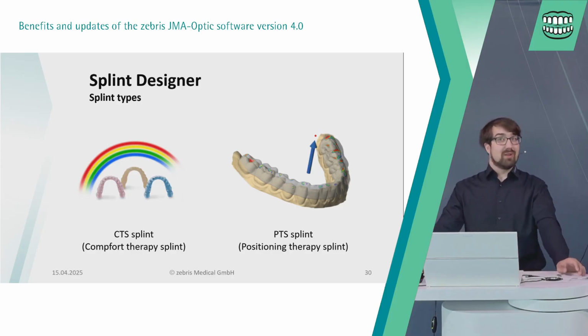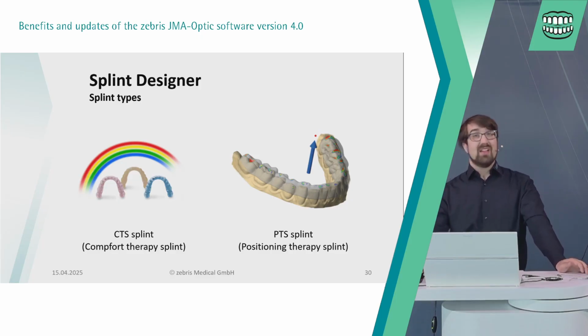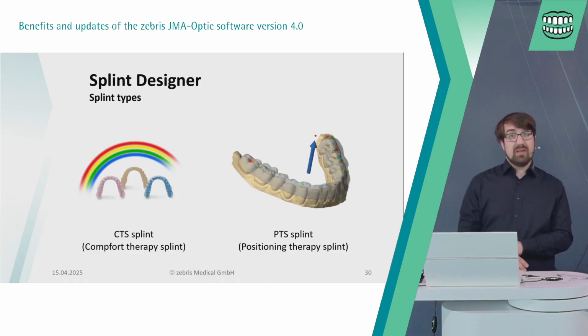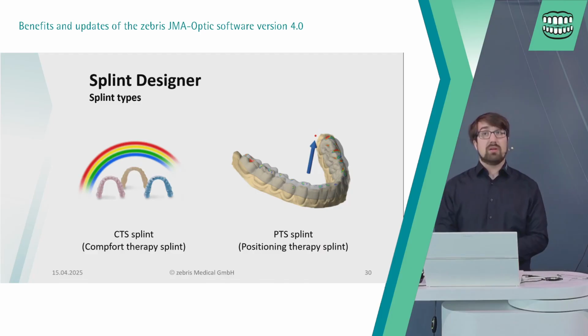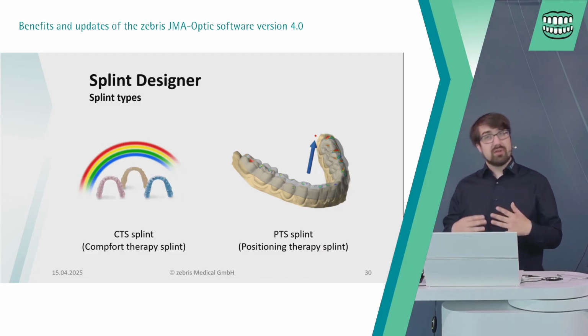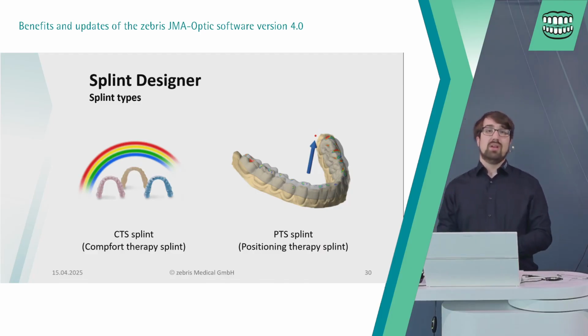You can create splints in our software. We have two types of splints. We have the CTS splints, the comfort therapy splint, and the PTS splint, the positioning therapy splint.